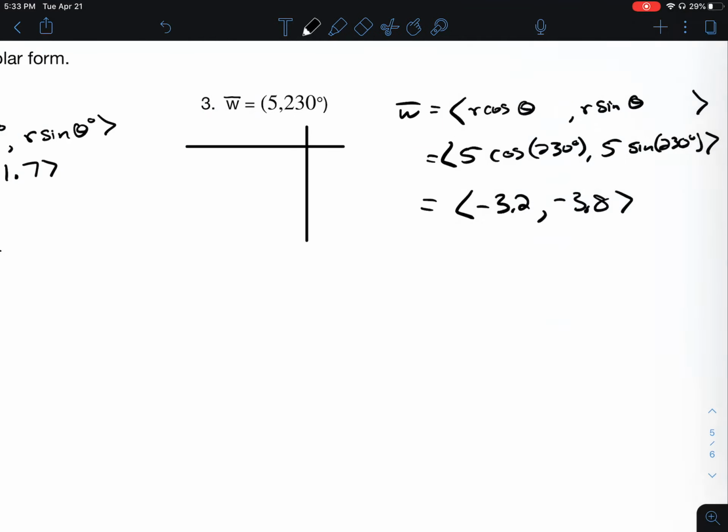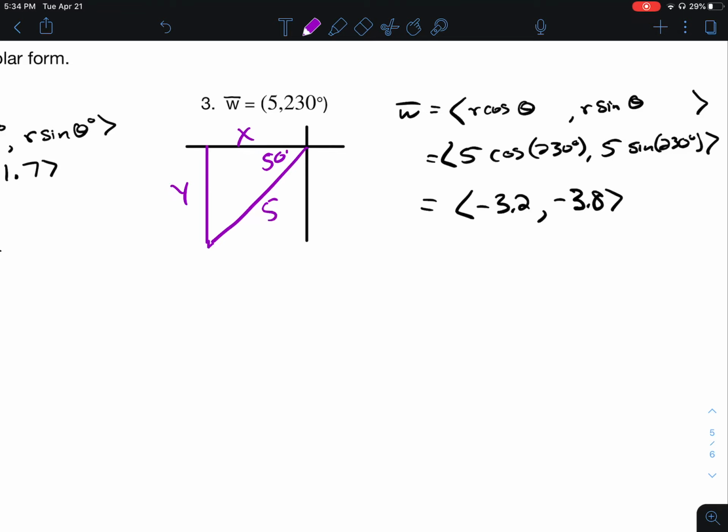If you don't like just using the formula, that's cool. You draw this picture. This is 5. That's 230 degrees. It makes the reference angle 50 degrees. And we don't know x and we don't know y.